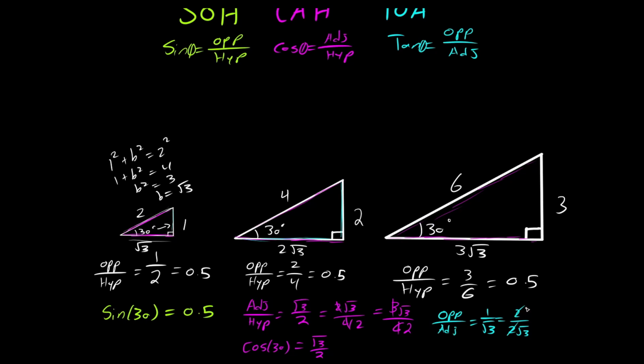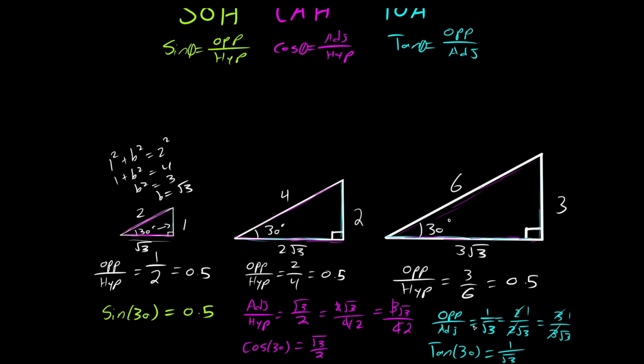Again, you can cancel these, so you get 1 over square root 3. And again, the opposite to the adjacent, you end up getting 3 over 3 square root 3, and you can cancel these. So, as you can see, the tangent of 30 degrees is equal to 1 over square root 3.